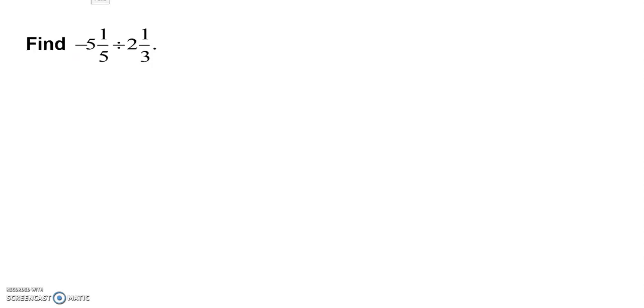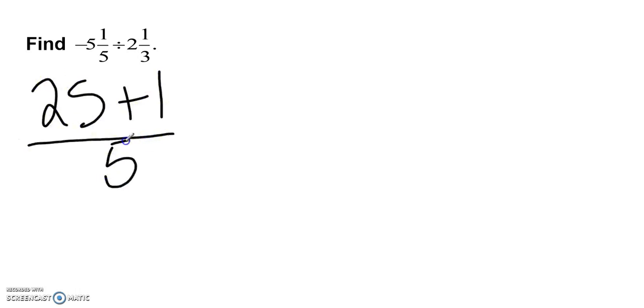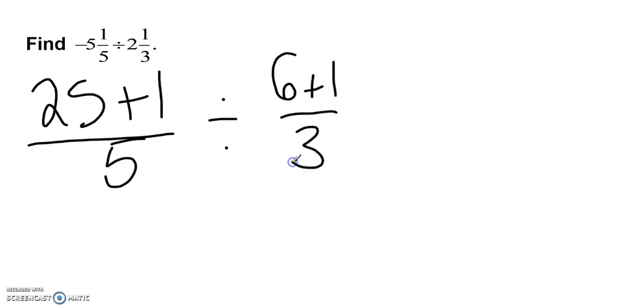Okay, so I'm going to do this problem. And you know how I don't like mixed numbers, so I'm going to make it improper. So 5 times 5 is 25 plus 1 over 5, and then divided by 2 times 3 is 6 plus 1 over 3.